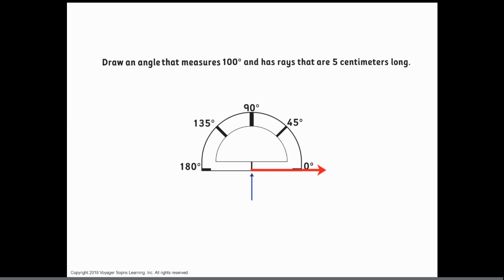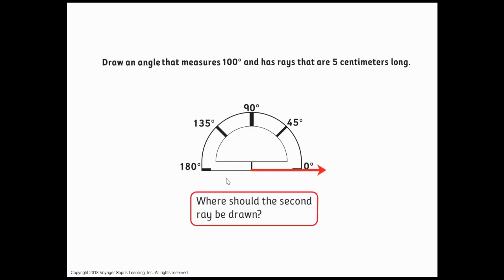Because there is no 100 degrees mark on this protractor, we're going to use number sense to estimate the other ray's position. Where should the second ray be drawn? The other ray should pass between 90 degrees and 135 degrees on the protractor, but should be closer to 90 degrees. This angle measure is an estimate.